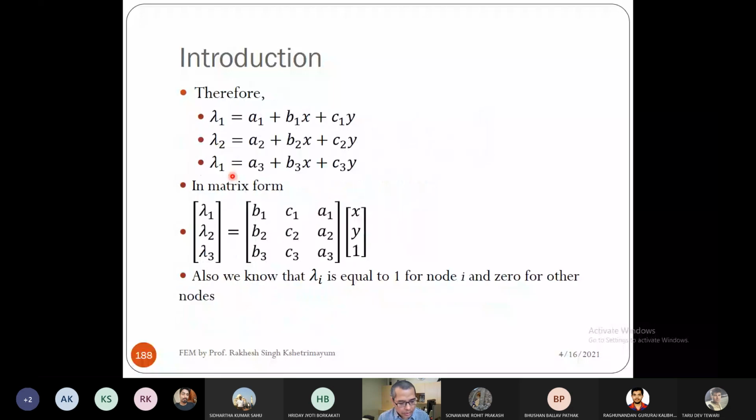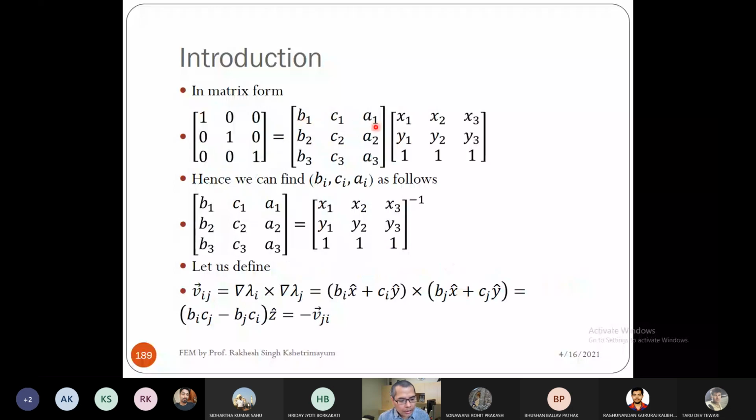That is lambda i equal to 1 for node i. But if I multiply this with the other nodes, it becomes 0. First node, it is 1. Second node, it is 0. Third node, it is 0. That's how you have the set function. For the second row, when you multiply this with this, it becomes 0.